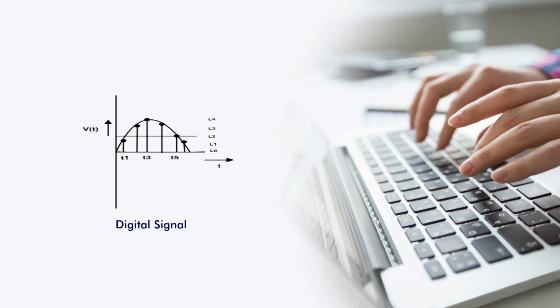As the number of levels increases, we can see that the complexity also increases.